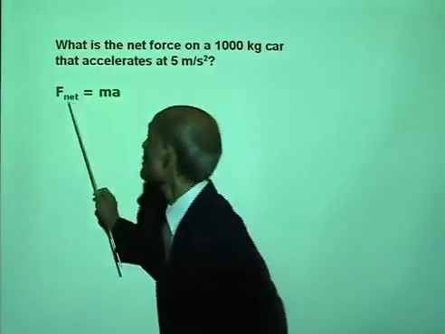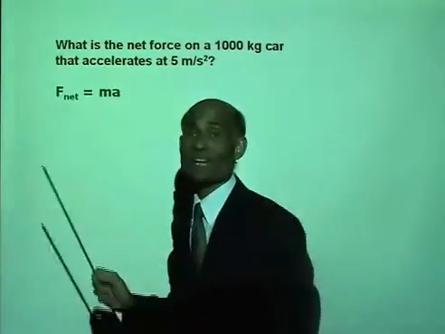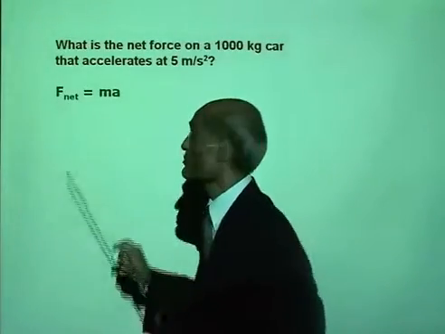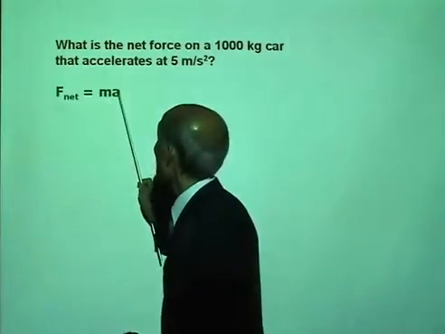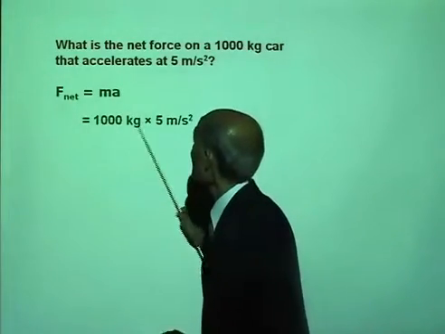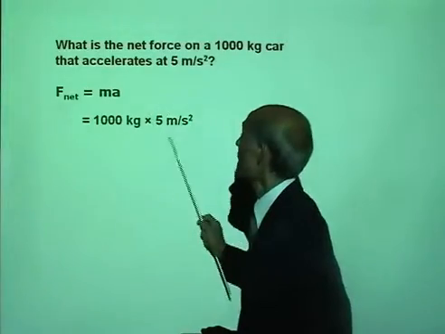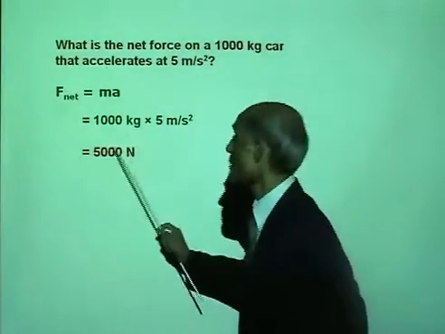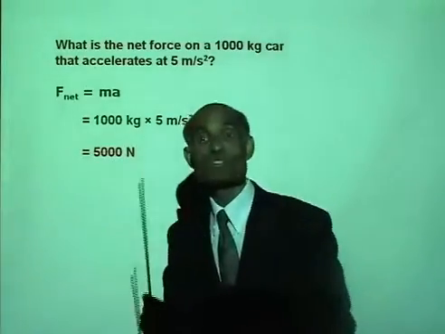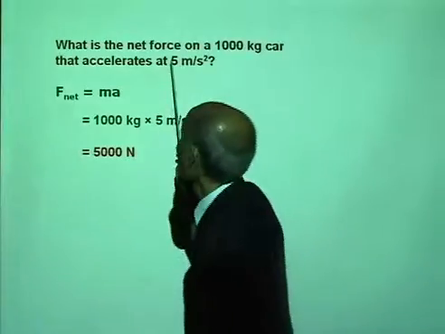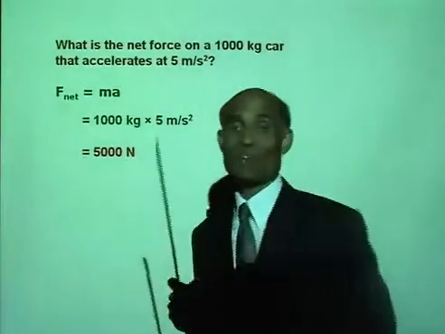F net equal to ma. That's what we want to find. We want to find the net force. So that will be mass multiplied by acceleration. That will be 1,000 kilogram multiplied by 5 meter per second squared. That will be 5,000 Newton. That is the unbalanced force on the car that produces this acceleration.